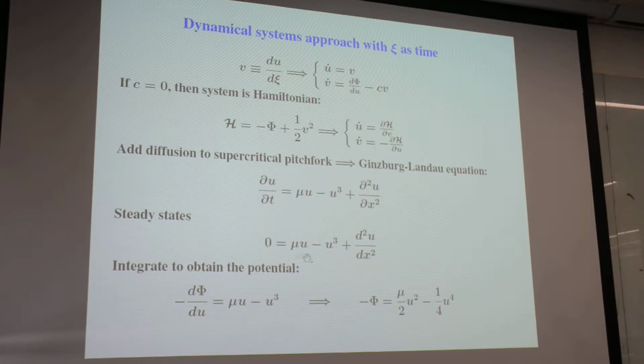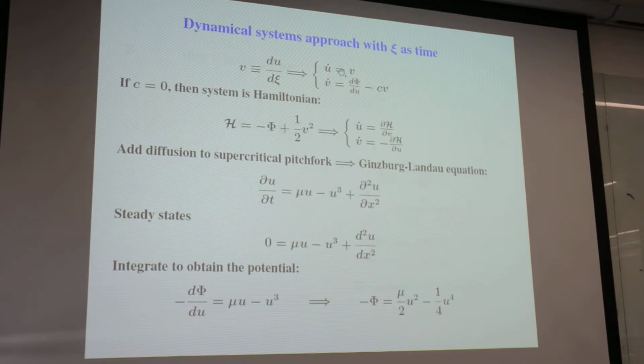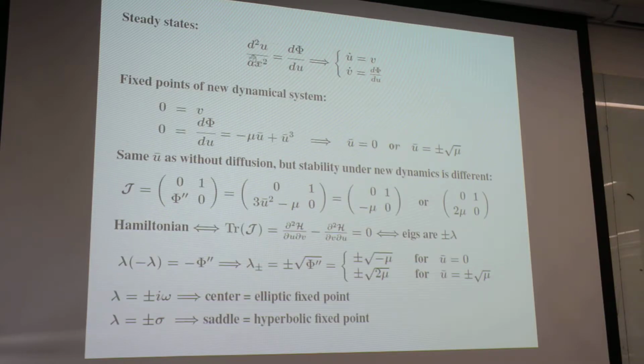Now we want to put this equation in the terms of that spatial analysis sort of form. So with this equation here, we're going to put it into that other form. That's easy because we're going to write this as minus d phi du here with this phi. And here we've done it. These are steady states, and this is what they satisfy. And that's equivalent to two first-order equations.